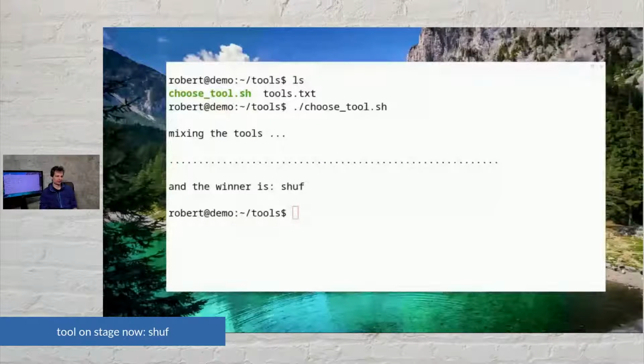So if I just need a number between 1 and 10, for instance, and I want to see only one single number, I could use shuf in this way.